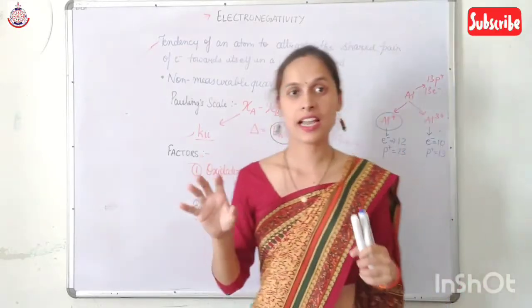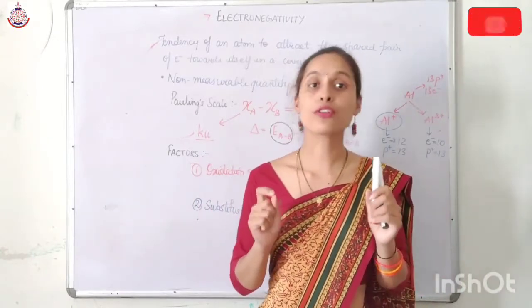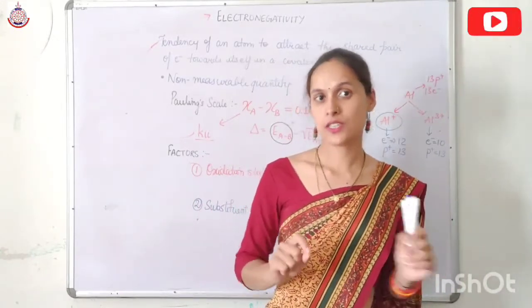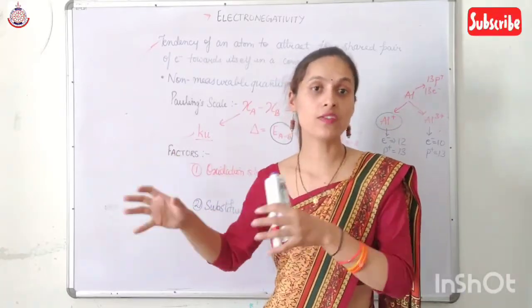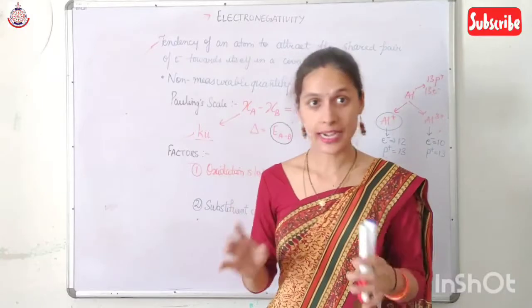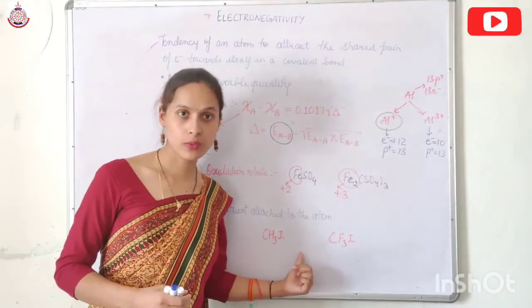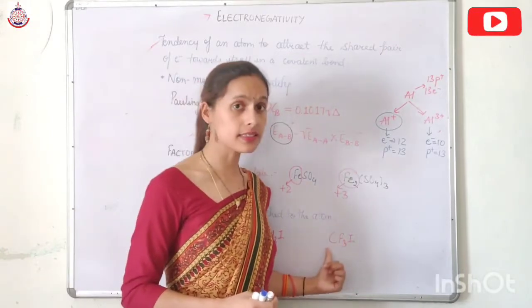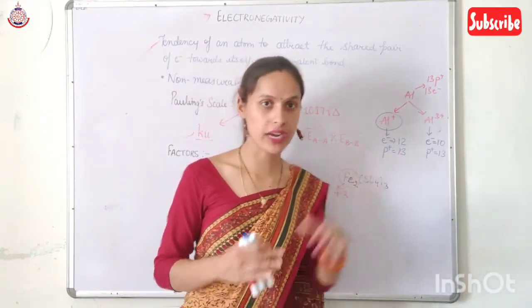Because in the starting I told you that the electronegativity of an atom is not fixed. Electronegativity of an atom depends upon the adjacent atom which is attached to that particular atom. Now in this, carbon is attached with 3 hydrogen and 1 iodine. In this, carbon is attached with 3 fluorine and 1 iodine.